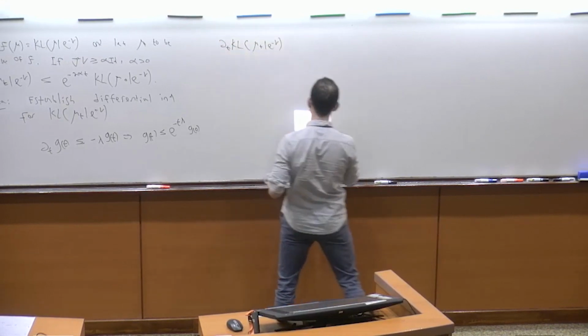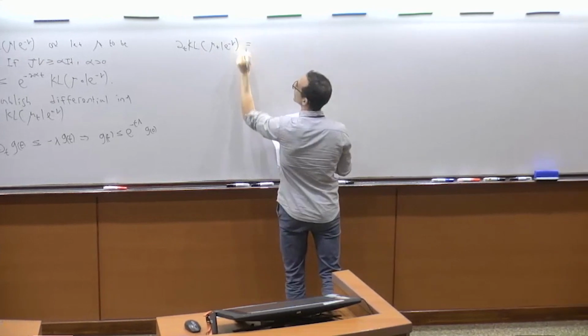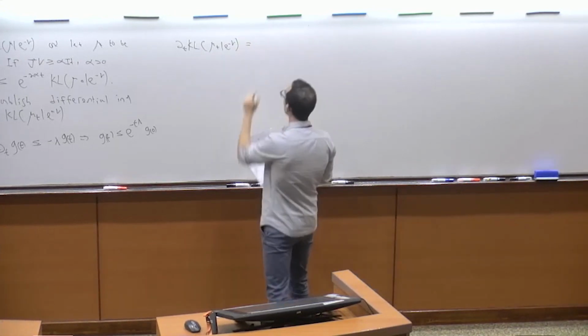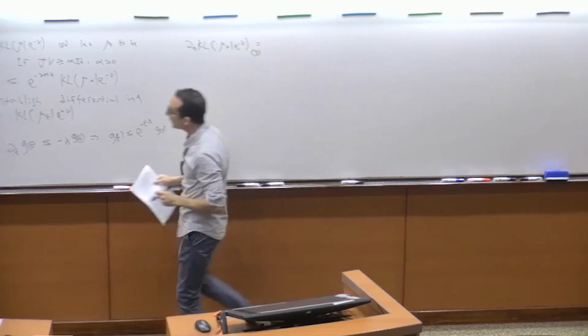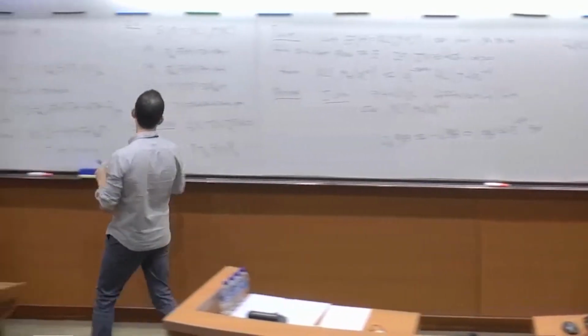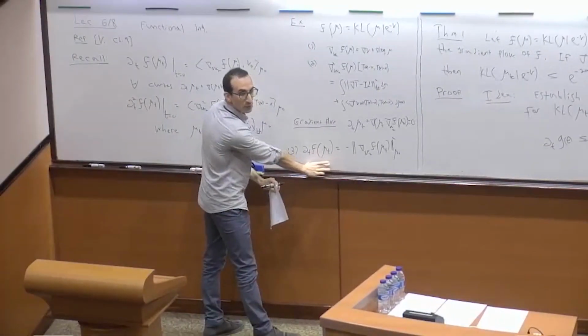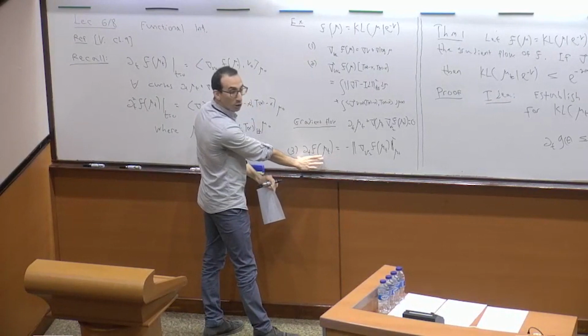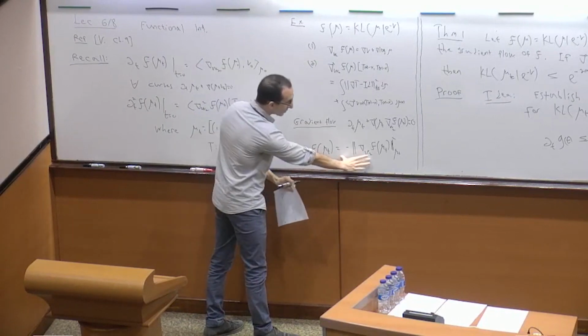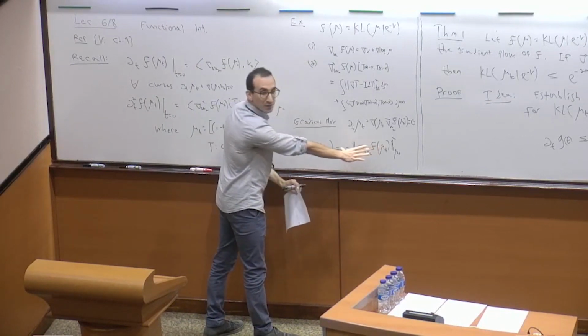Remember, because mu t is just a gradient flow of F, I'm using the fact that when we differentiate the functional along the gradient flow, we just get minus the gradient squared.